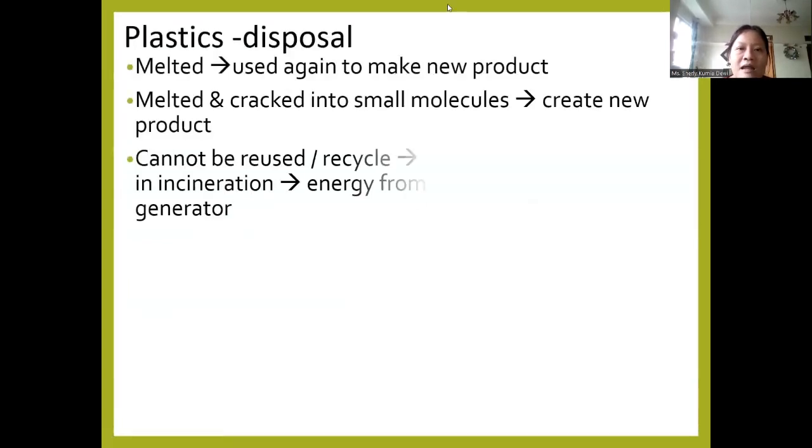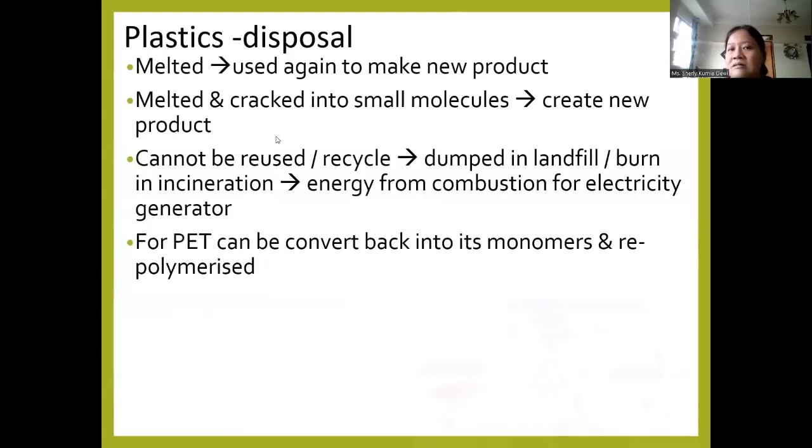Now, the problem is the disposal of the plastic. Usually, the plastic will be melted and used again to make a new product. In the case of Oni, the PET will be shredded, then depolymerized, and repolymerized into another substance, that is Oni, that is polyester.